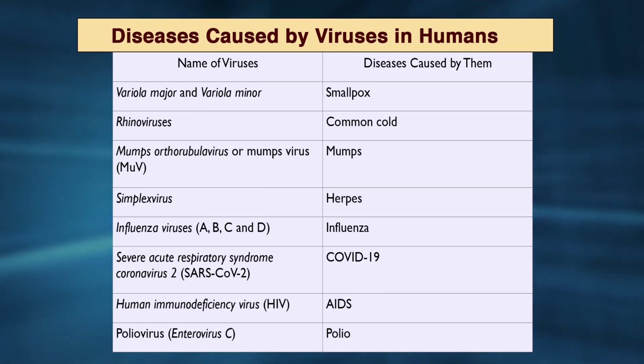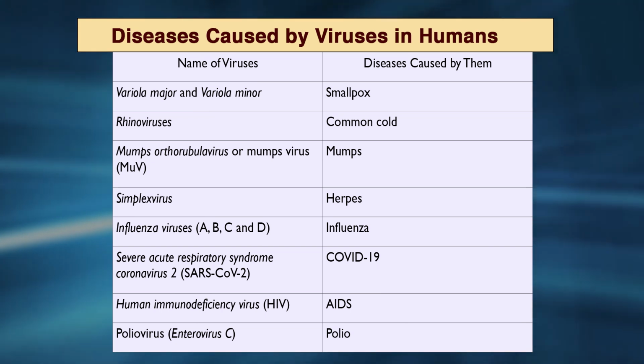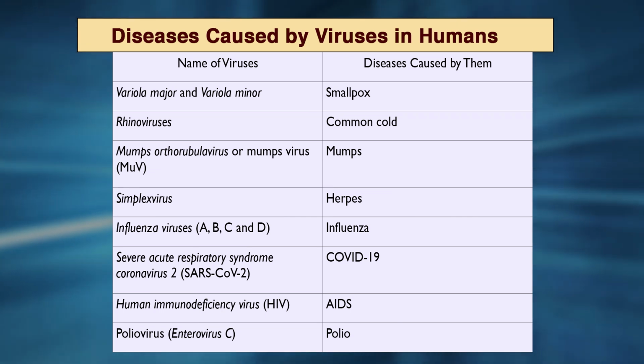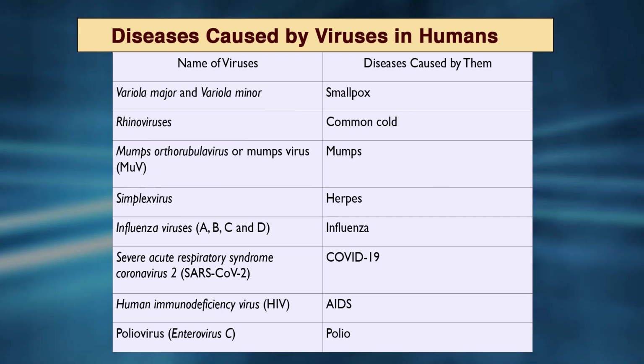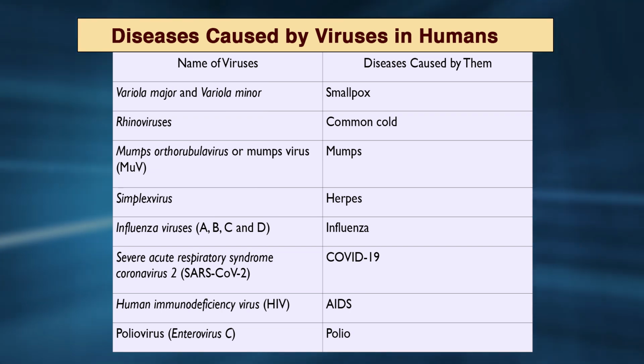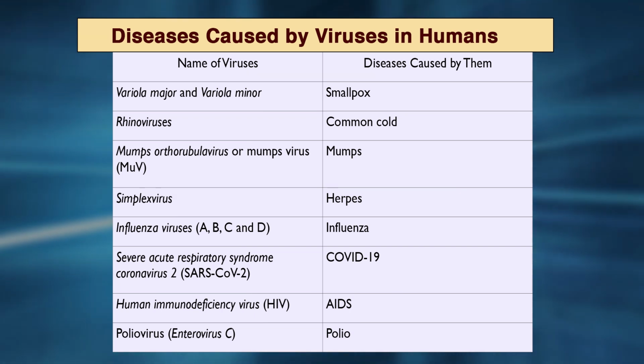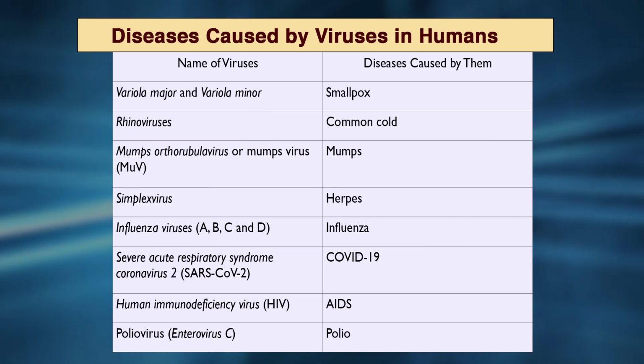Influenza viruses A, B, C, D are the varieties of influenza viruses that cause influenza. Severe acute respiratory syndrome coronavirus 2 causes COVID-19. Human immunodeficiency virus causes AIDS, and polio virus causes polio.